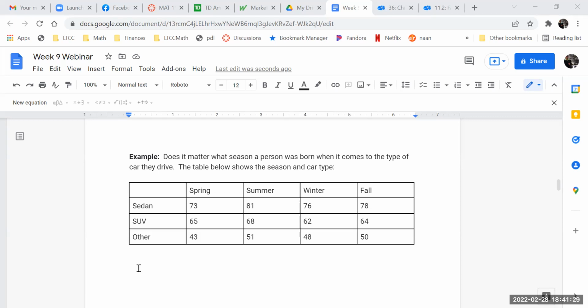How is this different from what we just did? How is this different from the last example? Because it's very different.